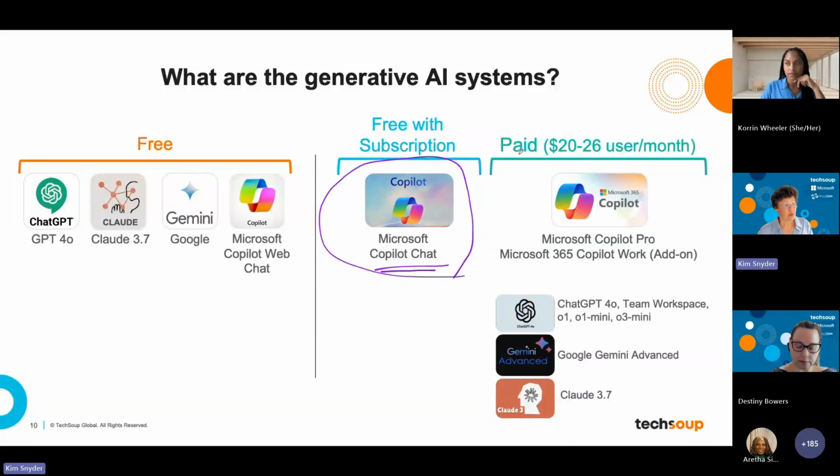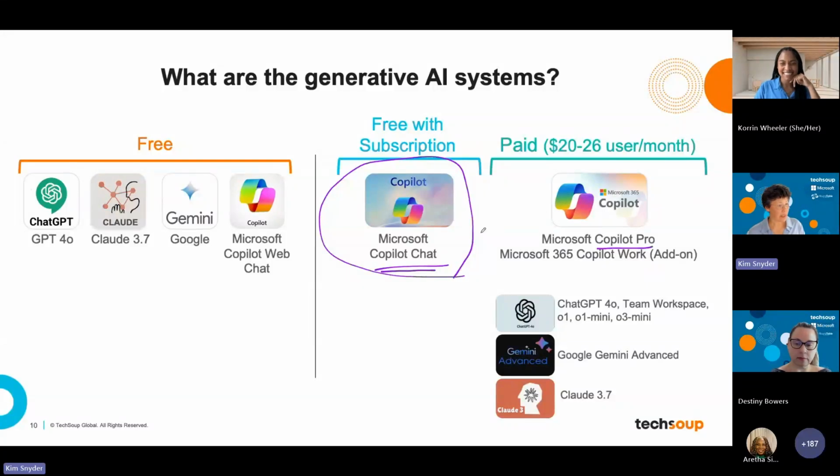And then there's a paid version, the one that plugs into Excel and PowerPoint. It plugs into the Microsoft software applications and works within and alongside them. That's Microsoft Copilot Pro. So there are 3 Copilots that we'll be talking about.